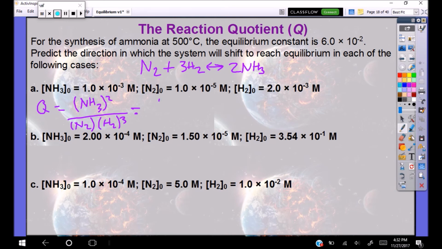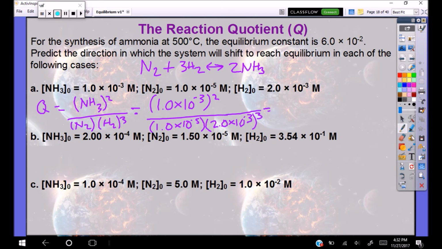Okay, so we've got 1.0 times 10 to the negative third squared. We've got 1.0 times 10 to the negative fifth, and we've got 2.0 times 10 to the negative third cubed.